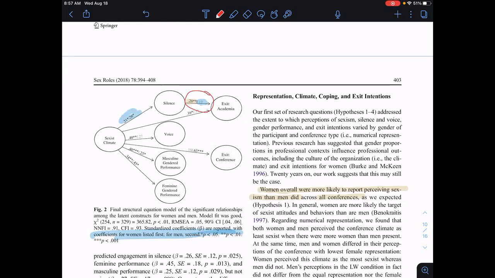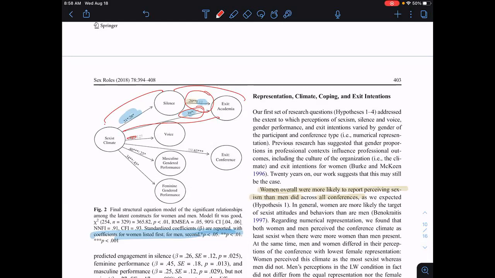Sexist climate predicts exit from academia directly for women, not indirectly through silence, but directly from sexist climate, but only for women. Okay? Sexist climate predicts voice. And actually, this is a negative prediction: the greater the sexist climate, the lower the voice, if you read the article, and so on and so on.